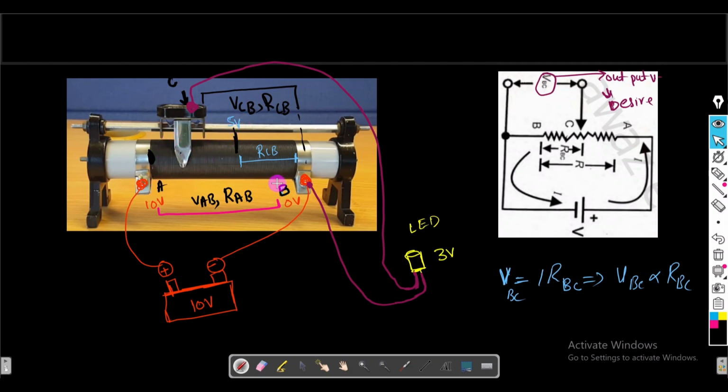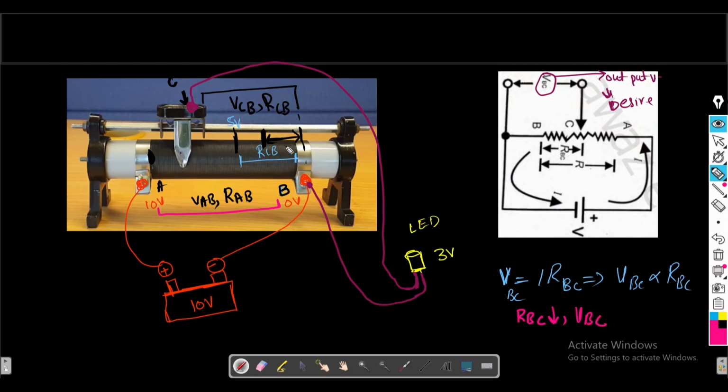So this is the mid between A and B, and if we bring this sliding contact C even closer toward this point B, then the resistance RBC will decrease, because the length is decreased between point B and point C. If this decreases according to this relation, the VBC will also decrease.